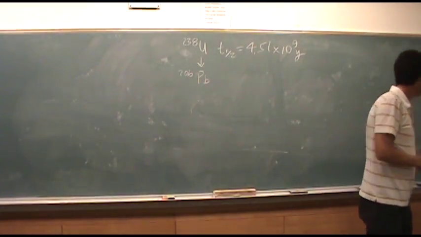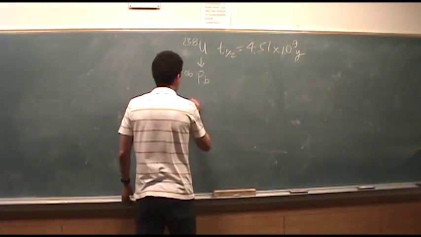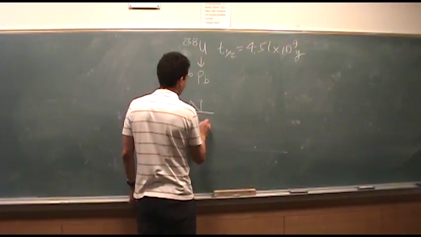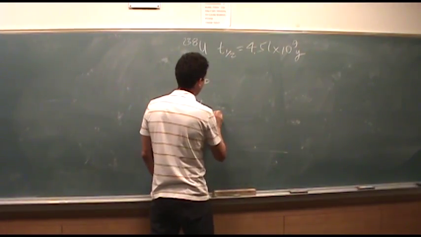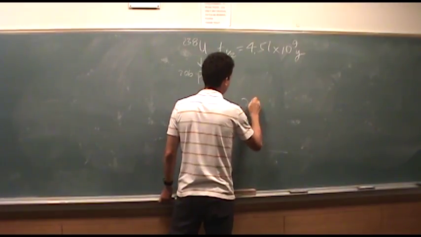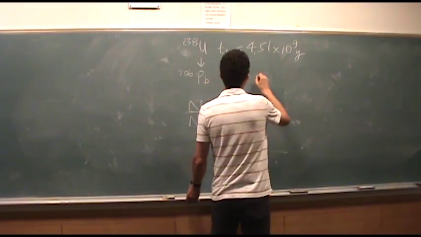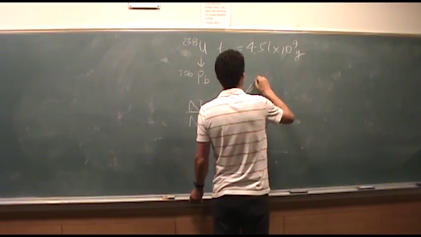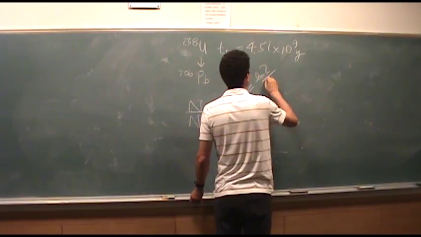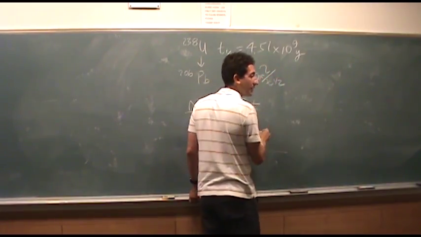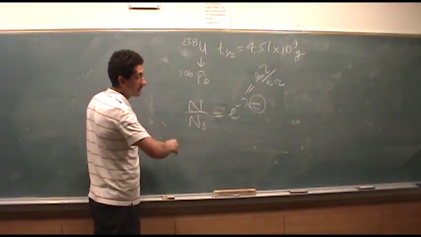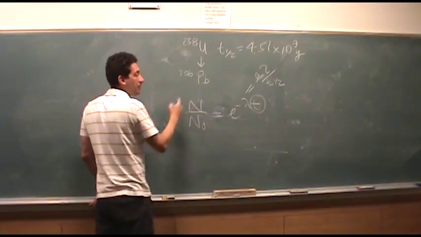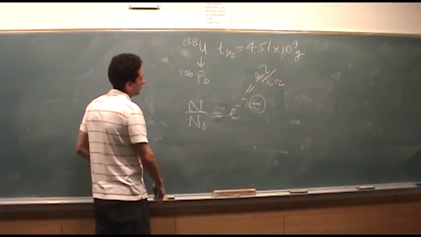Okay. So again, first order integrated rate law. N equals N naught e to the minus lambda t. Lambda is equal to the natural log of 2 over the half-life. Is that part all right? We want t. So then we got to figure out this mess. Okay, we know we have an equal amount of both of those.